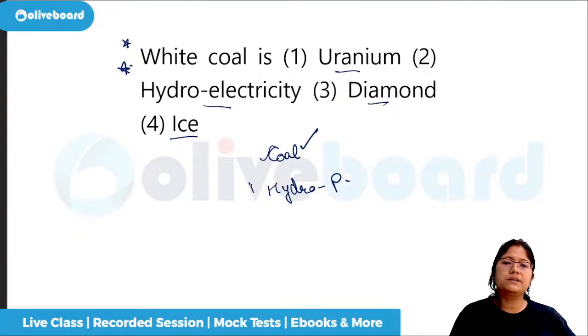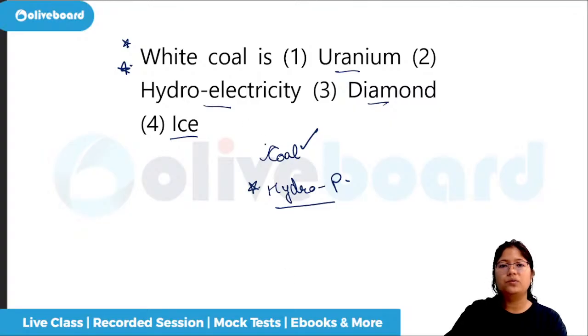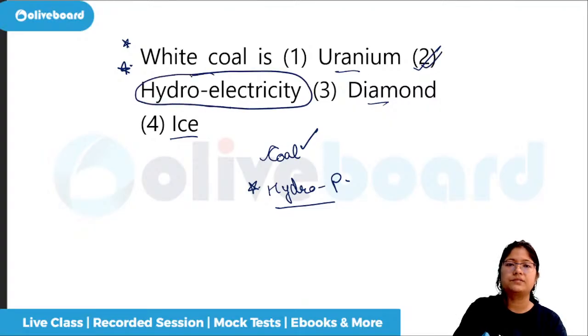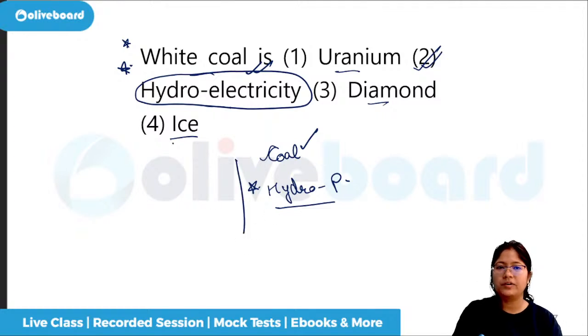So what was better is hydropower because it is not creating pollution. Diamond is the allotropic form of carbon, that is different. So in that sense, option number 2, white coal is hydroelectricity.